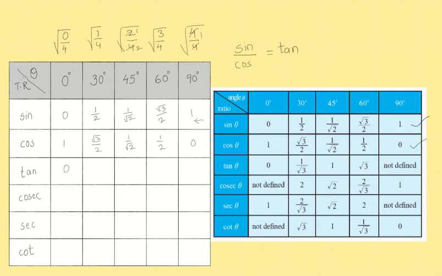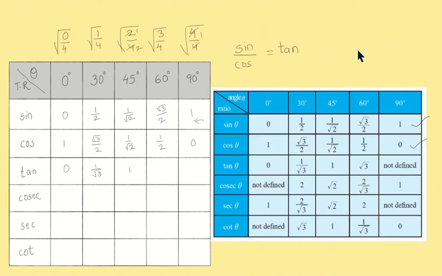So tan 0 is 0. When you divide sine over cos for 30, the denominators get cancelled and you will be left with 1 over root 3. So it will be 1 over root 3 for tan 30. What do you think it would be for tan 45? Since both the values are same, tan 45 is 1.